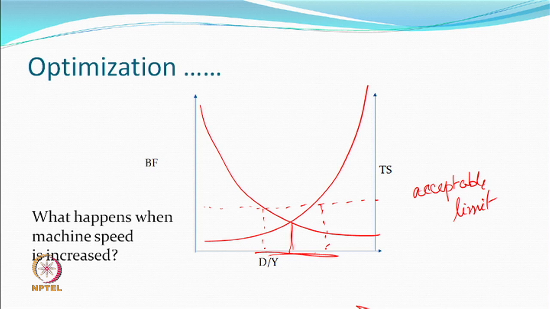The difficulty that comes is, as you increase the machine speed, this range gets lower, because the curves will change in a manner, because more speed means more vibration and more slippage.